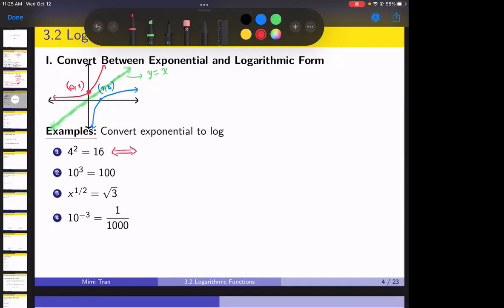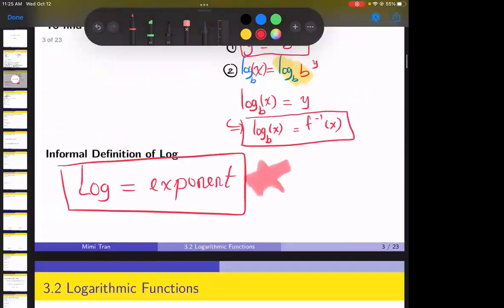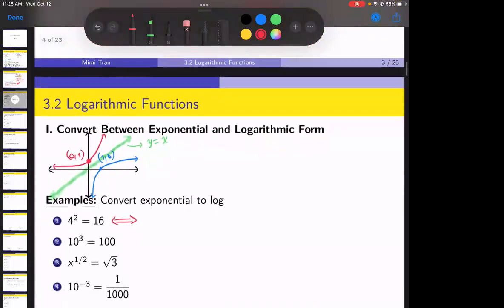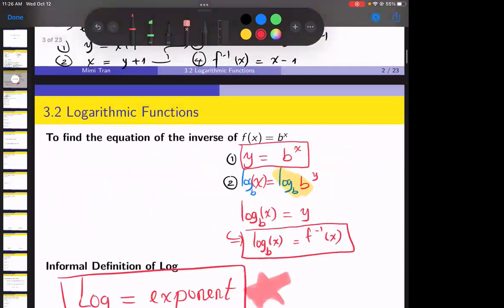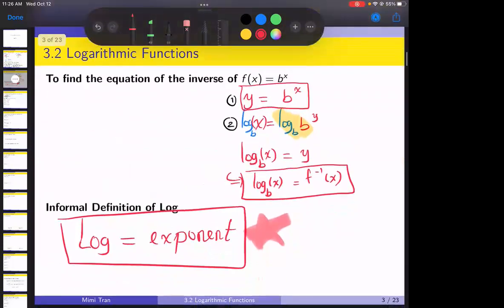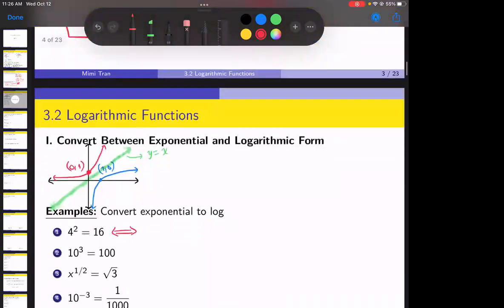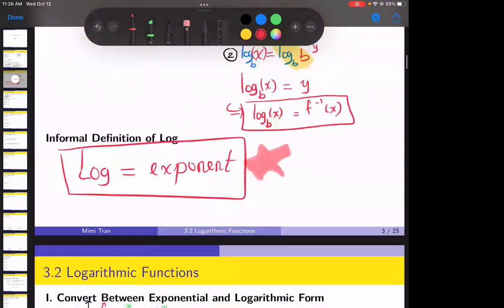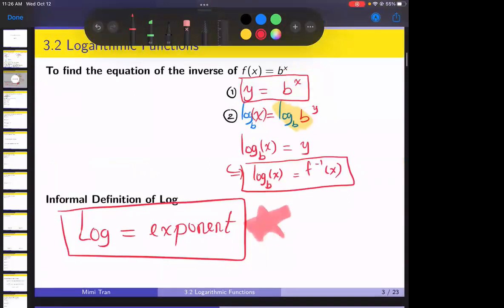So this is equivalent to, I missed something right here. Let me write one thing here. y equals b to the x is equivalent to log base b of x equals y. Right? The two are the same thing.